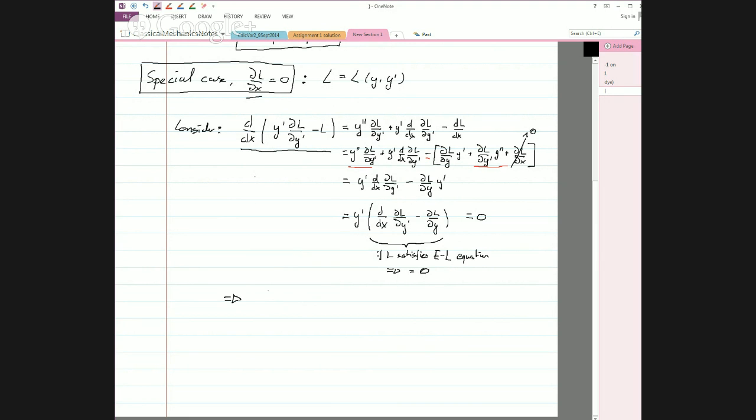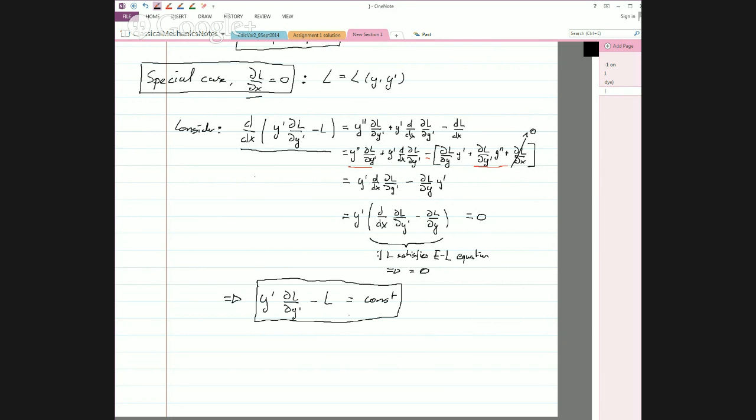Since this derivative equals 0, that means that y prime ∂L/∂y prime minus L equals a constant. And it'll be about 4 or 5 weeks before we realize why this was important. But we've done it on the mathematical side of things. What we'll find is that when L is called the Lagrangian, this expression here actually equals the total energy. And so this, in mechanics, will become a conservation of energy.